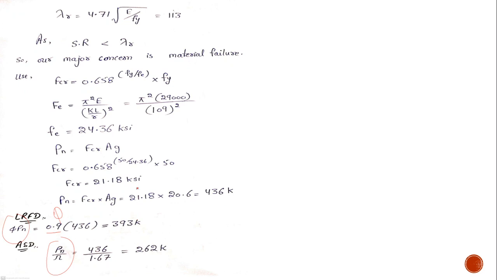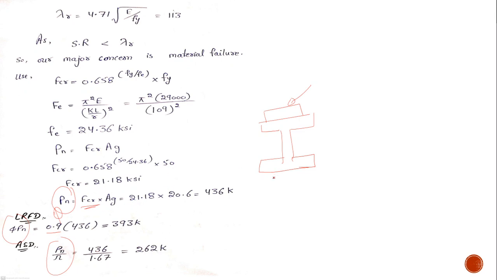So that's easy. But before that, I have to find the nominal capacity, and for nominal capacity you have to find F critical and multiply it with the gross area. Gross area in this case would be the summation of the area of this W section and the plate that is attached to it. So it's easy.